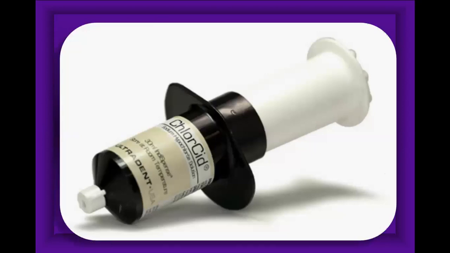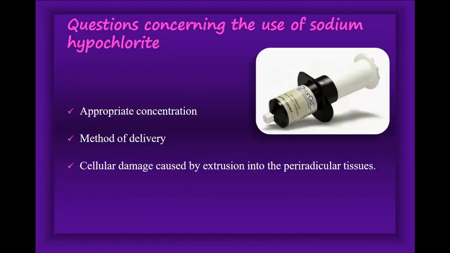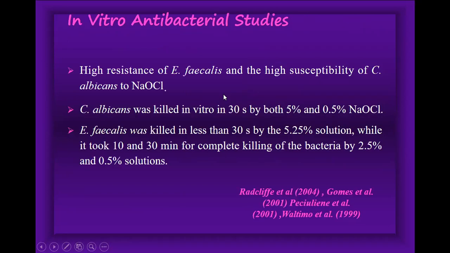This is a picture. So questions concerning the use of sodium hypochlorite involve appropriate concentration of it, method of delivery, and cellular damage caused by the extrusion into the periradicular tissue. In vitro antibacterial studies, we will be discussing some studies.